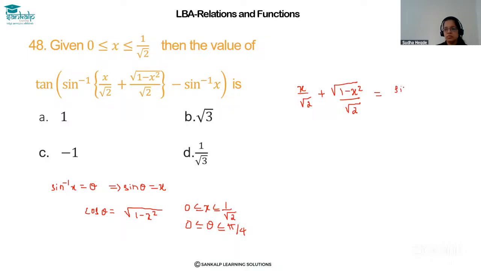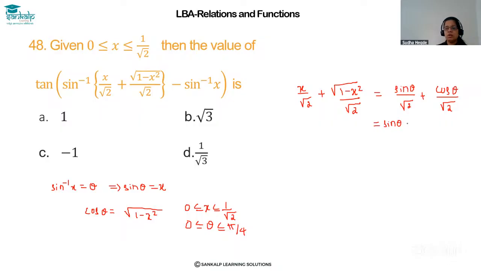Sin theta by root 2 plus 1 minus x square is cos theta, cos theta by root 2. Are you getting? Now, for what angle do you get 1 by root 2?